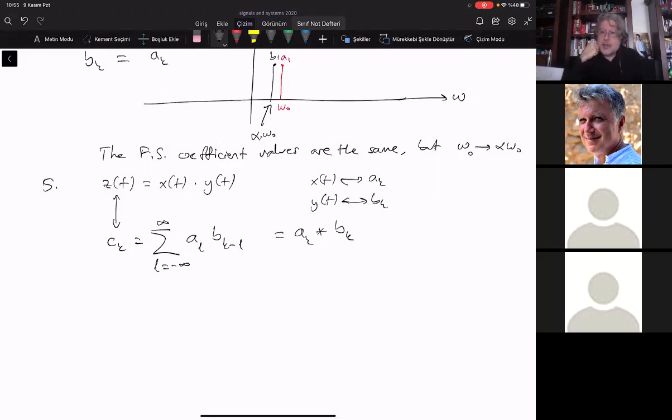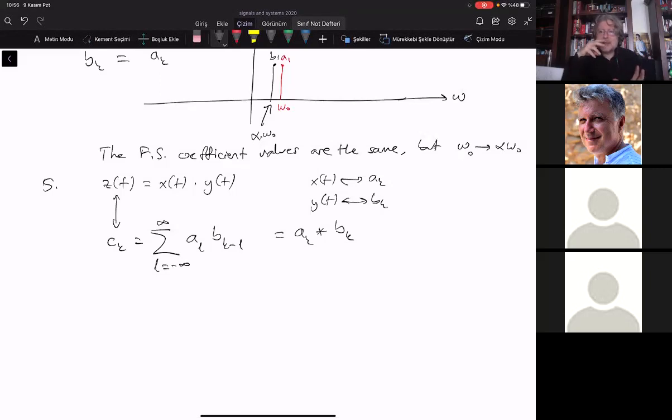Because in telecommunications, a very typical way to increase the frequency content of a low pass signal, like a speech signal, which is band limited to 20 kilohertz only, is to multiply this signal with a very high frequency sinusoid. The high frequencies are in megahertz.